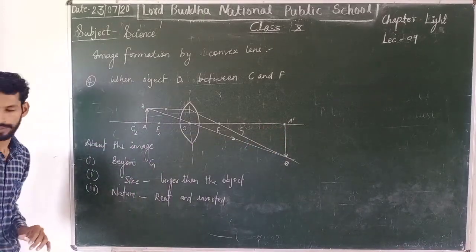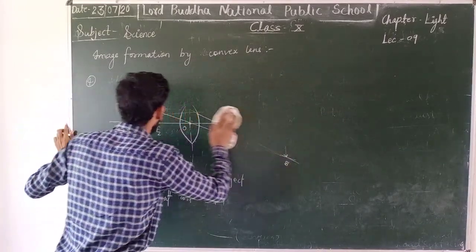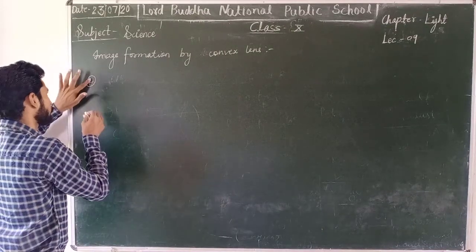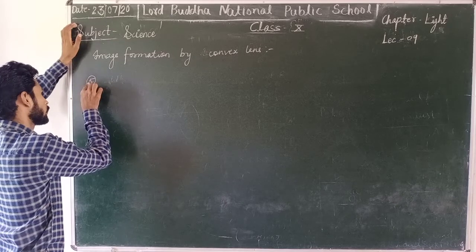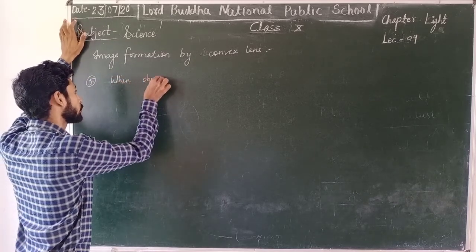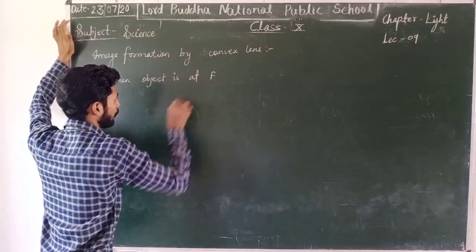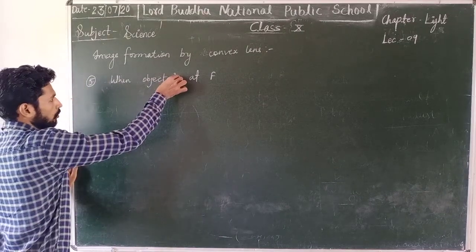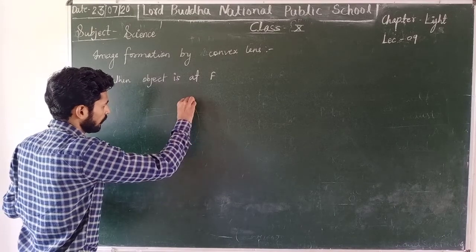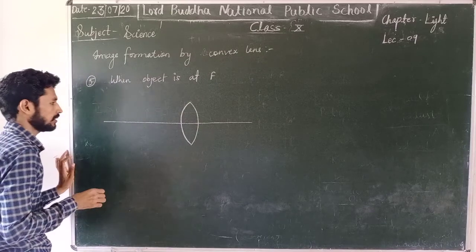Now we are going to discuss case number 5, that is when the object is at F. That means where will we place the object? At the focus. So here this is the convex lens and this is the principal axis.